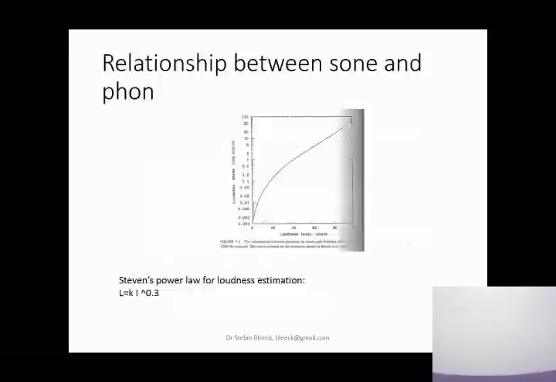Now, because the zone and the phone are both subjective measures, there is a firm mathematical correlation between them, which is described by the Stevens power law: loudness, which is on the y-axis here, is a factor times the intensity to the power of 0.3. That's the Stevens power law. For everything above 40 decibel, 40 phones, you've got a linear correlation between those.